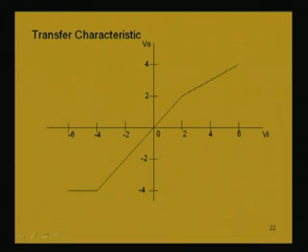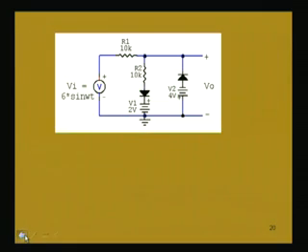This will be the slope for this portion of the input voltage, that is, when the input voltage is greater than 2 volt. In the negative half cycle, up to minus 4 volt, input and output voltage are the same, because the diode D2 is not conducting. When the diode D2 is not conducting, these 2 points are the same as these 2 points, since there is no drop and no current.